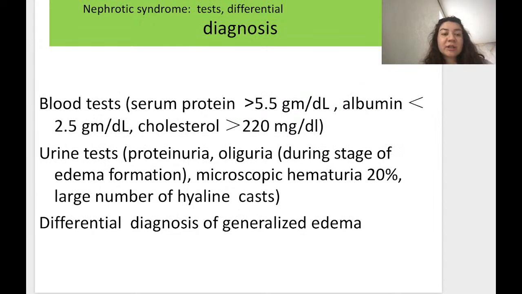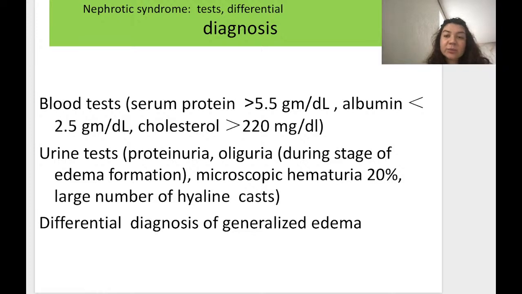Tests and differential diagnosis. For confirmation of nephrotic syndrome, we use first of all a blood test. There, serum protein is usually more than 5.5 in case of nephrotic syndrome. Albumin will be less than 2.5 grams per deciliter, and cholesterol more than 220 milligrams per deciliter.